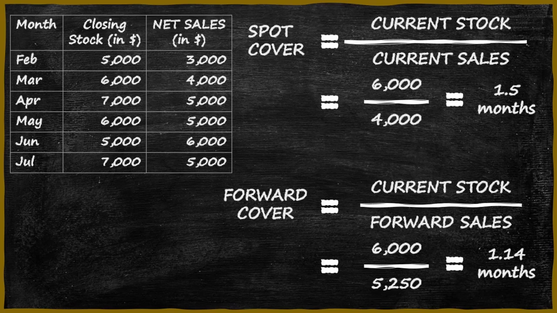Therefore, the forward cover is a better KPI to follow than spot cover, because we always need to look at what is happening in the future, because the stock we need is to support the future. What's happened in the past has already happened. We have achieved our numbers and that's done. But the next task that every inventory planner or merchandiser has to look at is making sure that my future sales are protected.